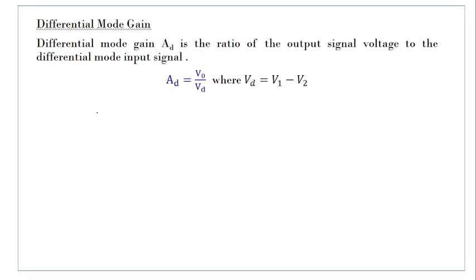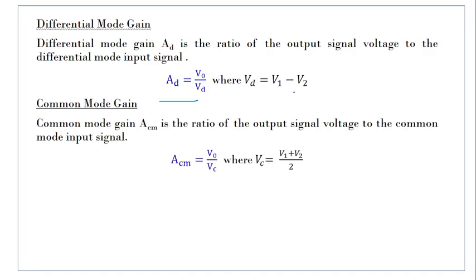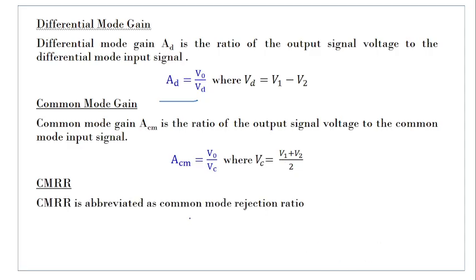This is the differential mode gain, the ratio of output voltage to the difference between the input voltages. Whereas the common mode gain is V0 by Vc, where Vc is the average of the input voltages. And this is CMRR, the common mode rejection ratio, the ratio of AD to ACM.